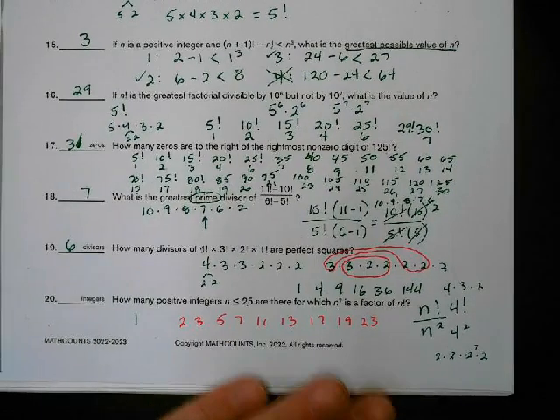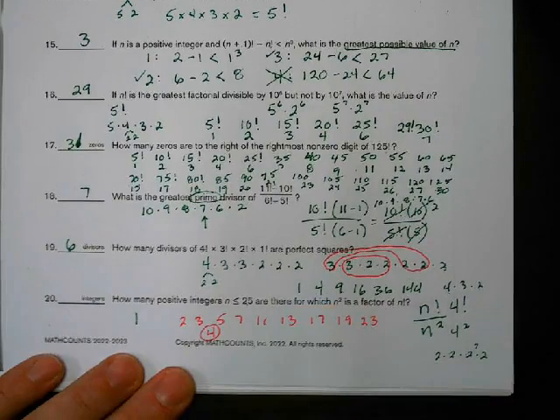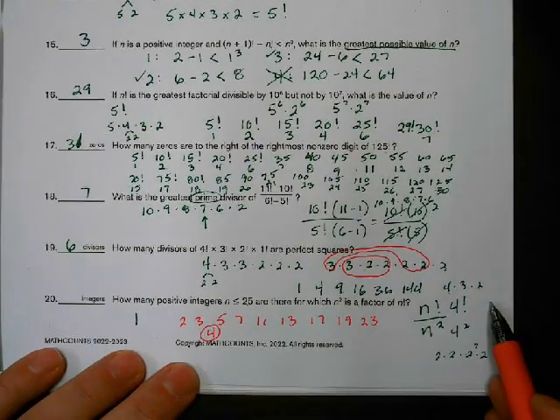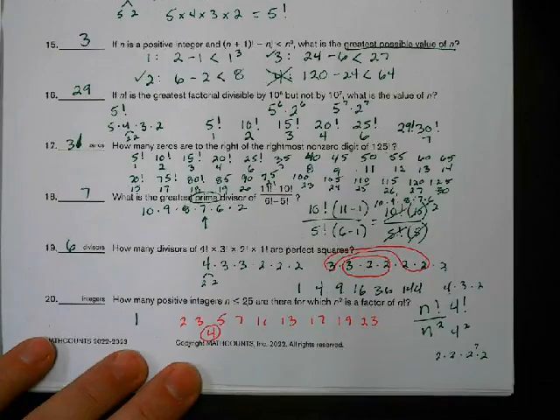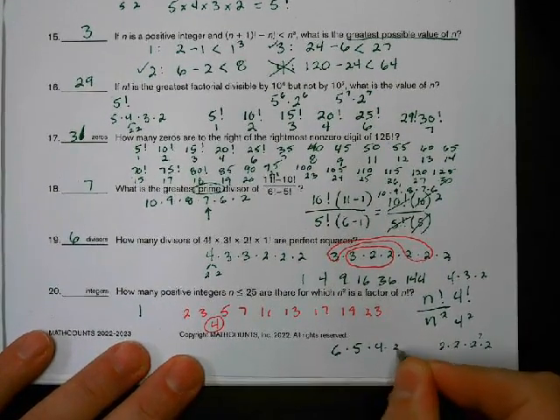But once I get to 6, then it starts working for our non-prime numbers. If I got 6 factorial, within 6 factorial, I can find a second 6, because 6 factorial would be 6 times 5 times 4 times 3 times 2. So I could get one 6 from here, and I could get a second 6 from here.